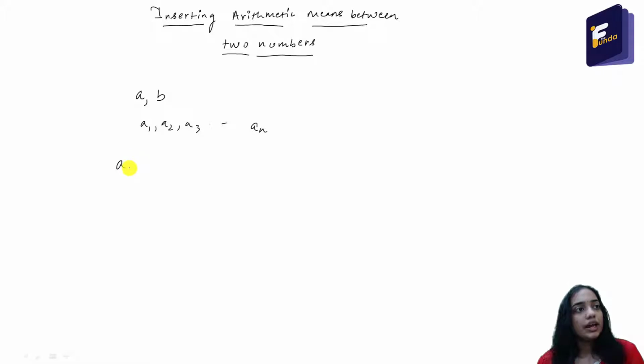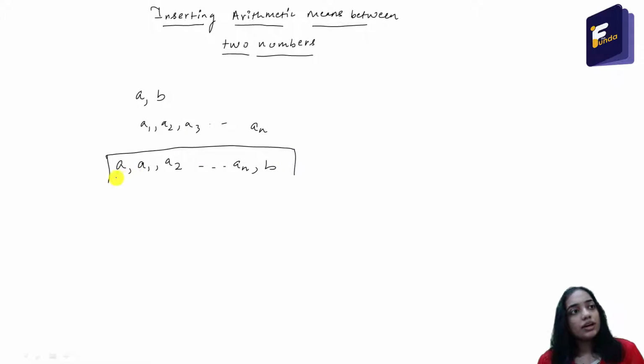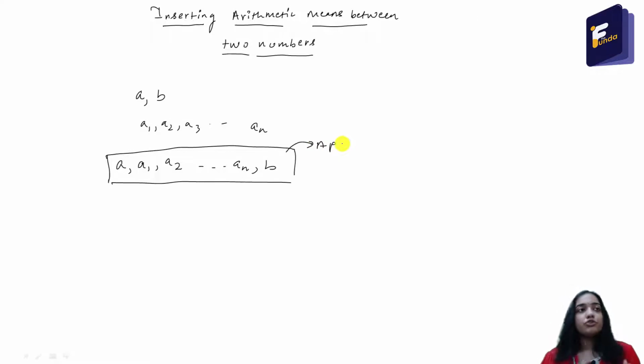If A, A1, A2 up to AN and B, this whole sequence is an AP, so we have chosen n numbers, A1, A2 up to AN, such that this whole series is an AP, then we say that A1, A2, A3 up to AN are arithmetic means inserted between A and B.